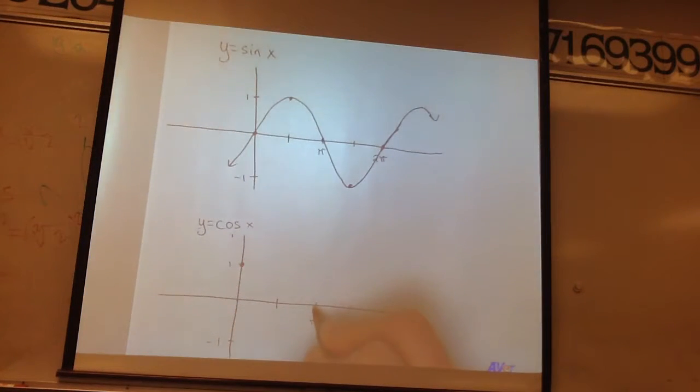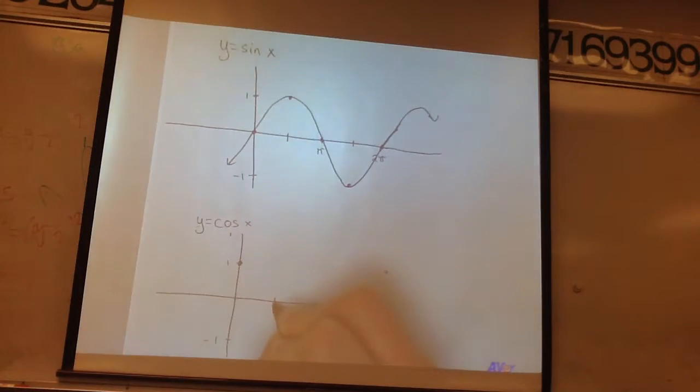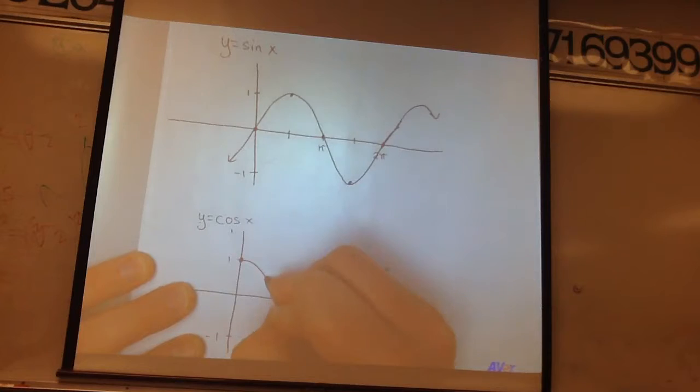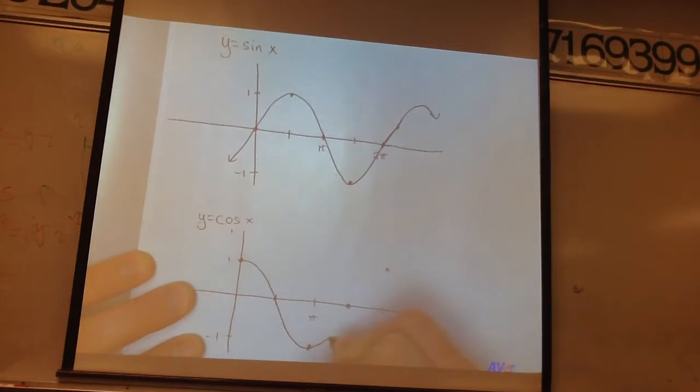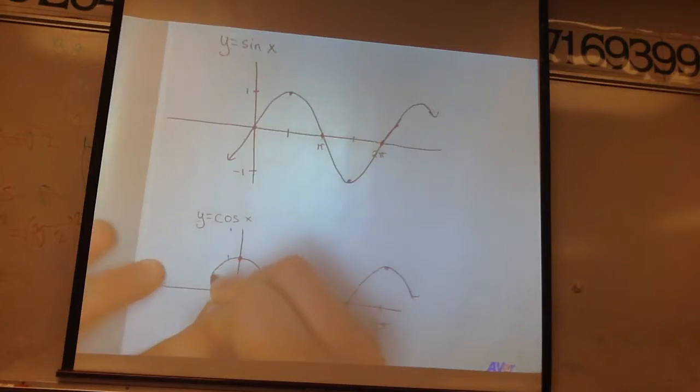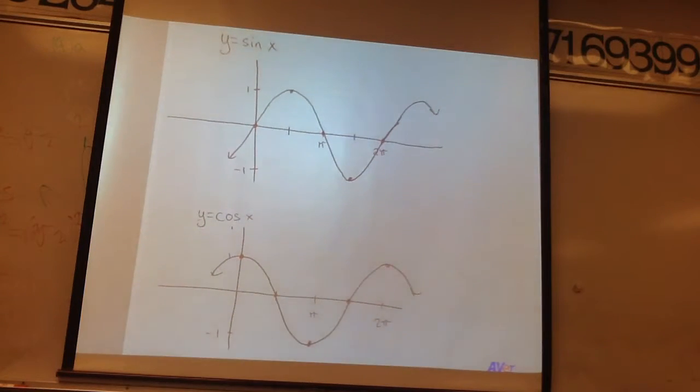The cosine of pi is negative 1. Cosine of 2 pi is 1. These are zeros. And it repeats over and over and over. It's just a wave that repeats over and over.